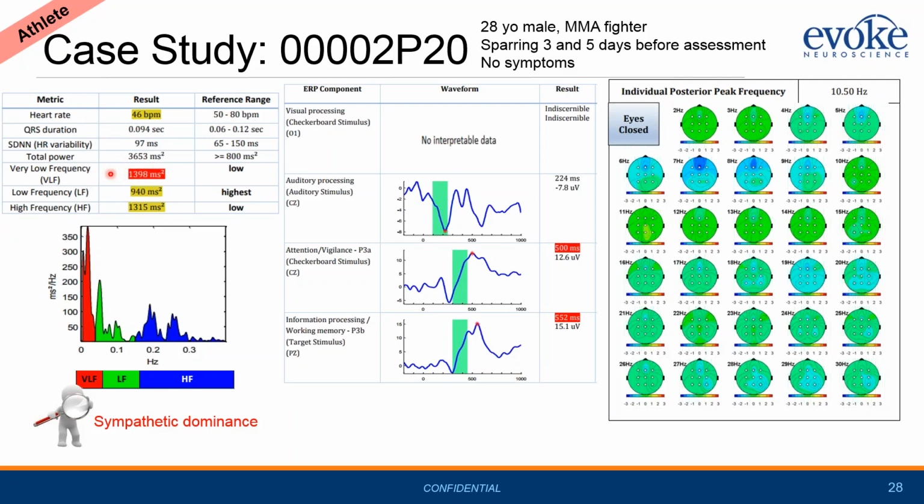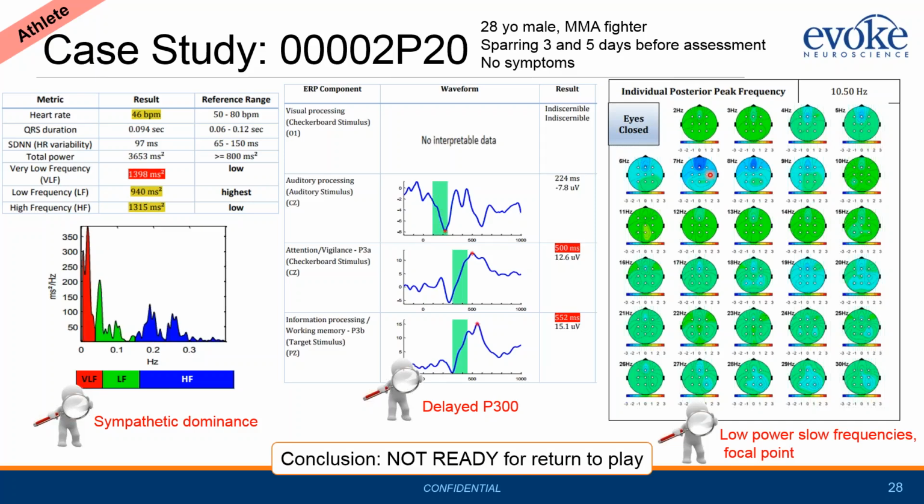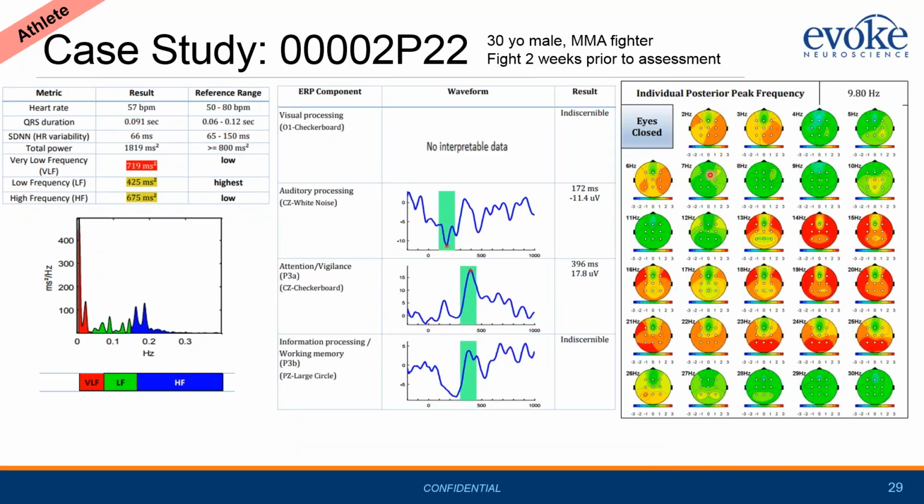So I'm a little concerned with his sympathetic dominance. When I look at his ERPs, I see that his P300A and B are delayed. So I'm concerned with that. And when I look at his head maps, I see low power, slow frequencies with a focal point. So my conclusion would be, nope, you're not ready to get back in the ring yet. You need to have some rest and recovery.